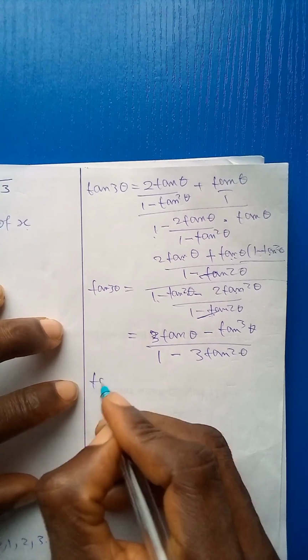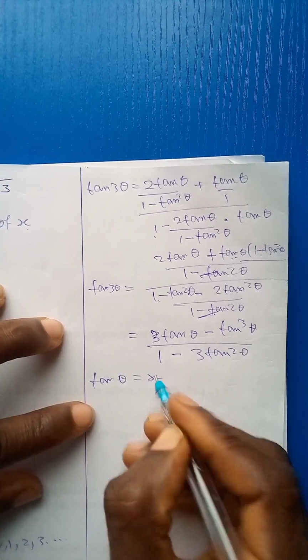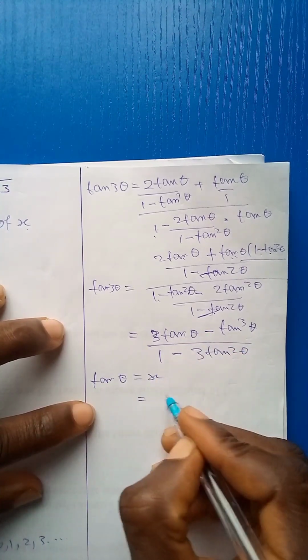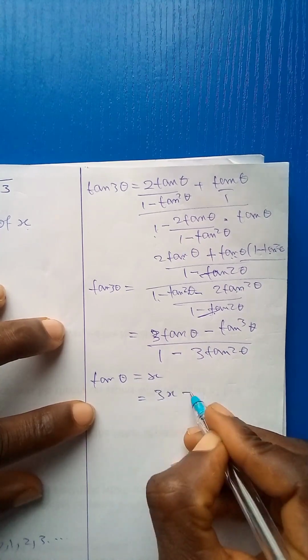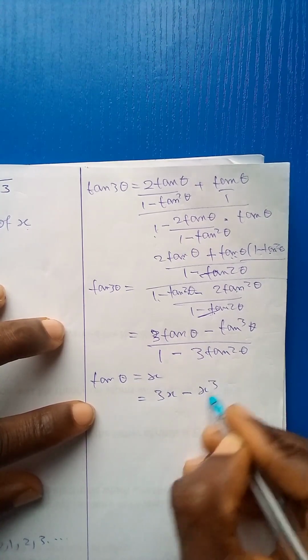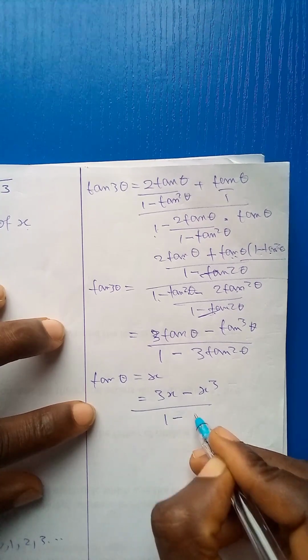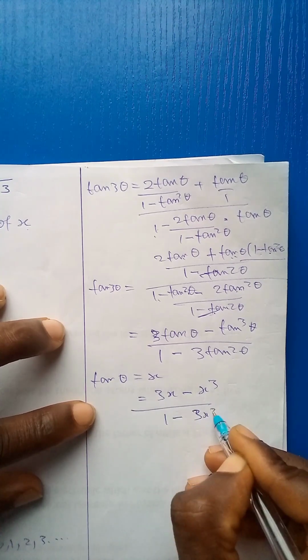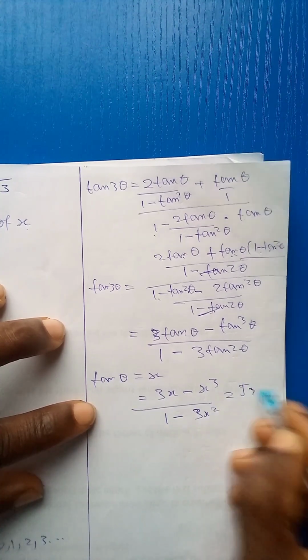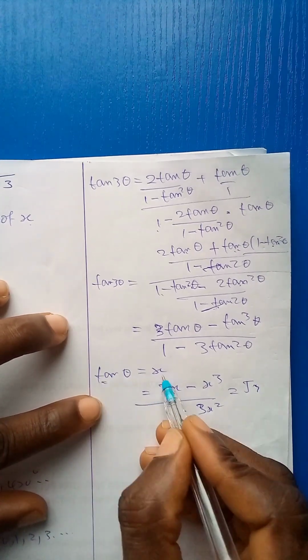Let us remember that tan theta is equal to x. So if we replace x here, I will have 3x minus x cubed over 1 minus 3x squared, which is our root 3. That simply means that tan theta is x.